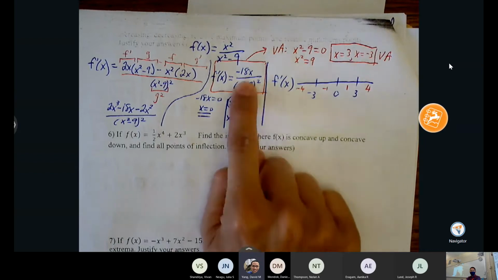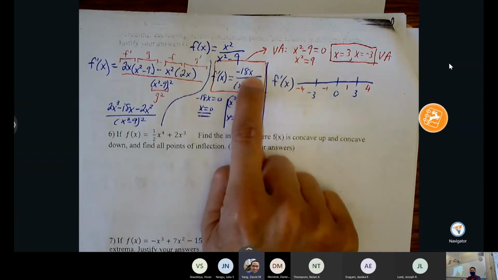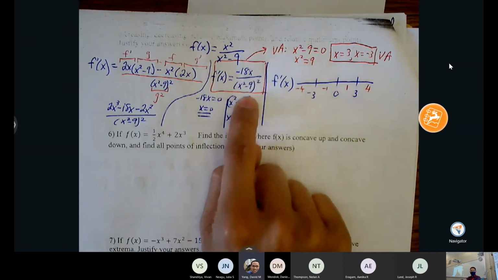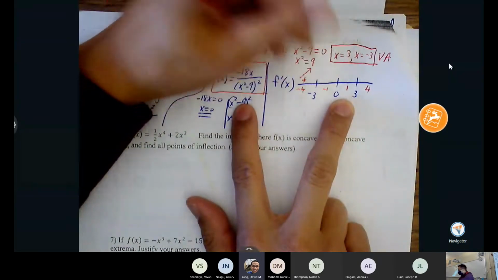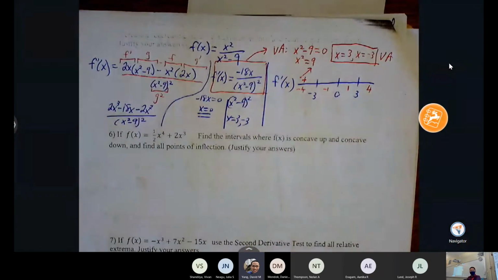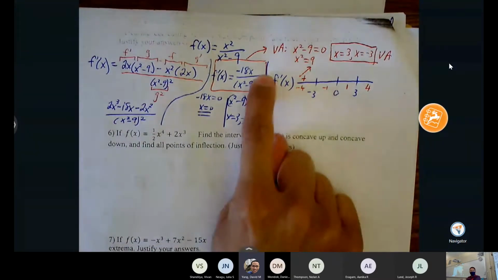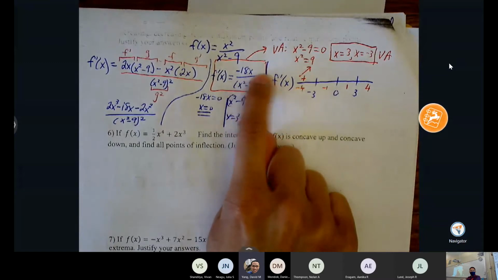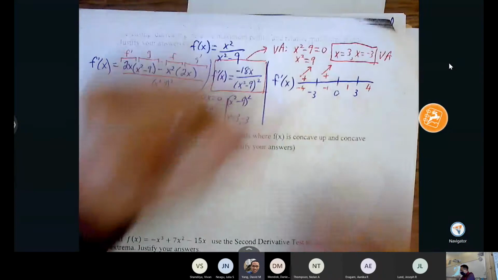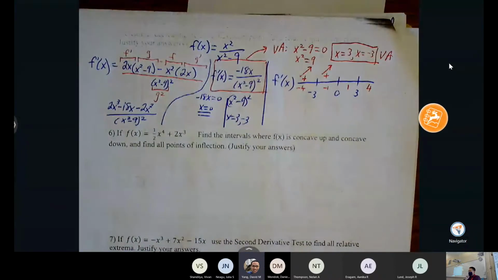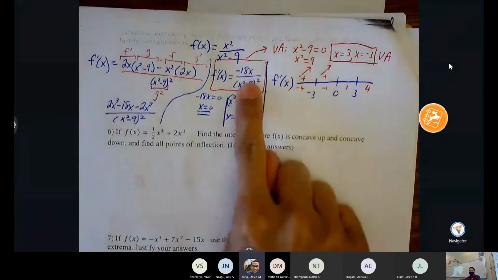So let's plug -4 in for x. -18 times -4. That's a positive number. Positive over positive is positive. So our graph is rising. Okay. -1 in for x. 2 negatives gives me positive. Okay. Plug 1 in.